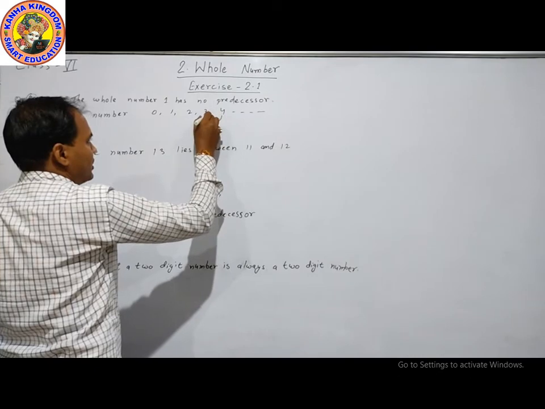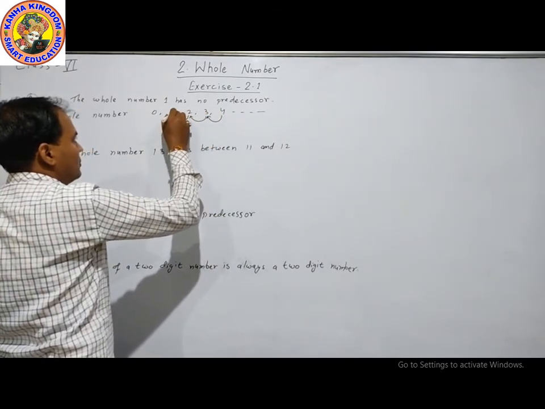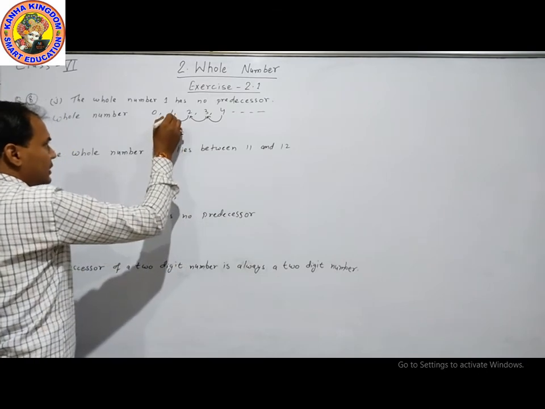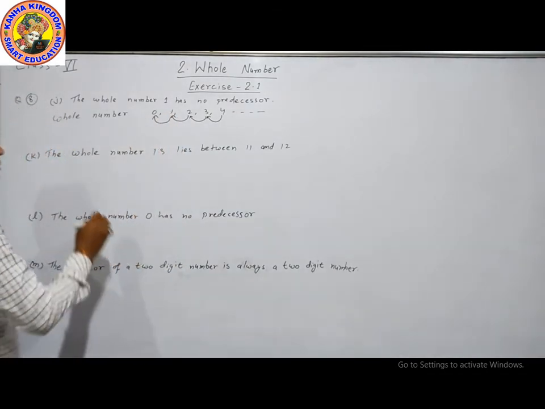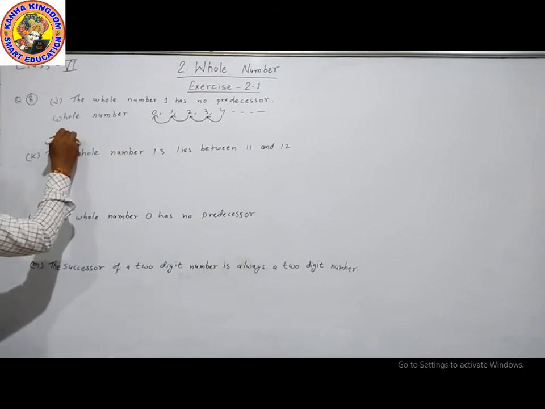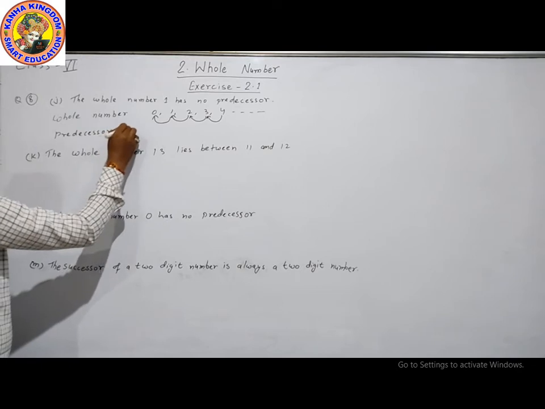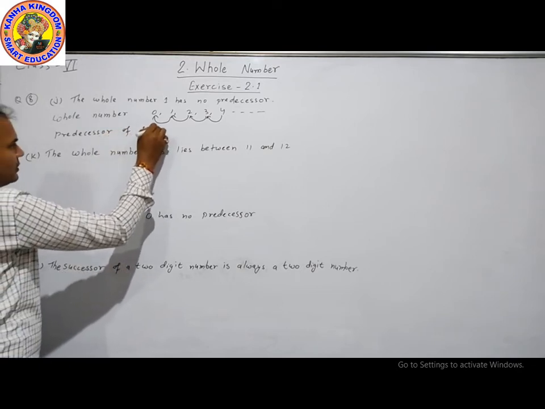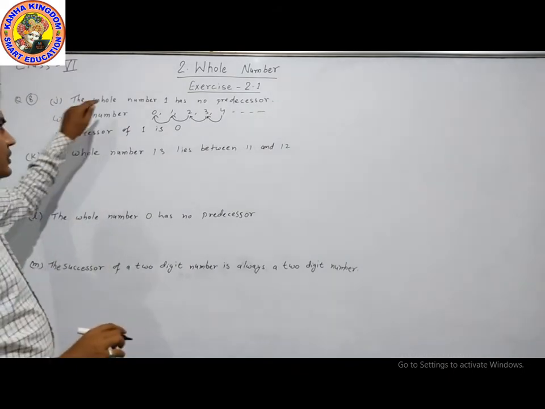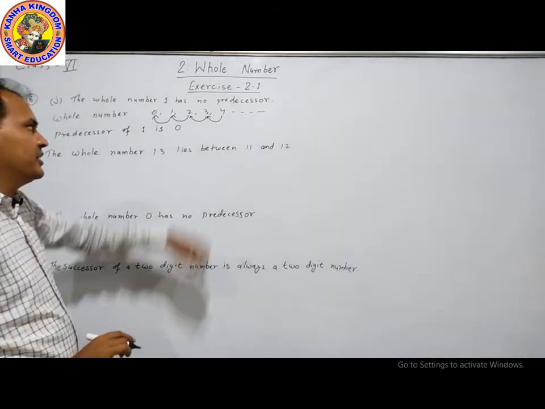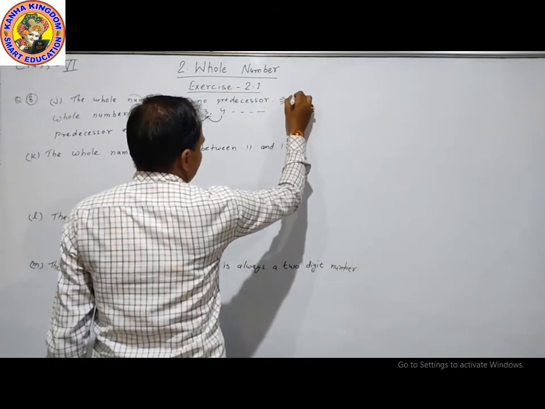Predecessor of 4 is 3, 2, to 1, and then the predecessor of 1 is 0. So the whole number 1 has the predecessor 0, so this statement is false.